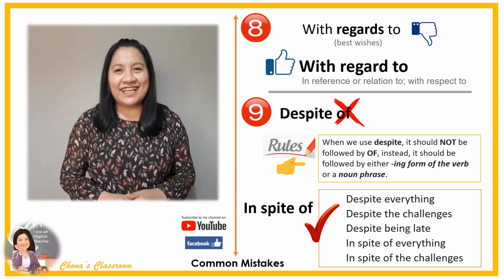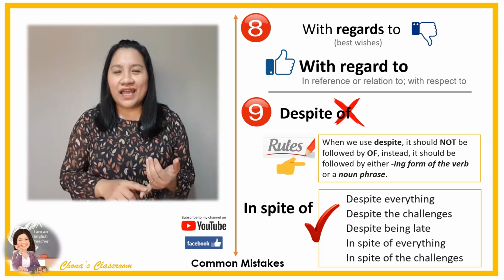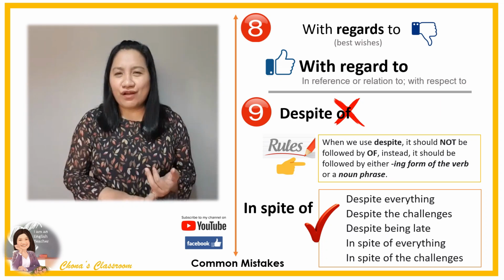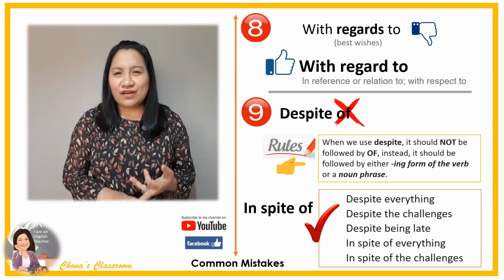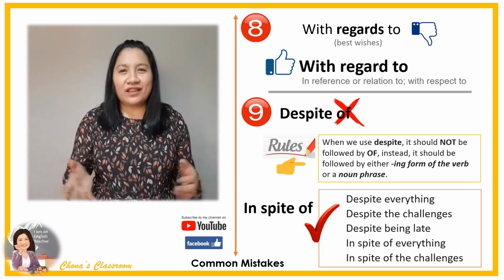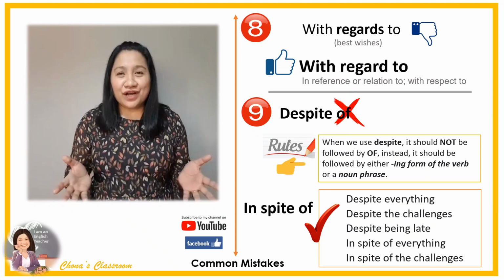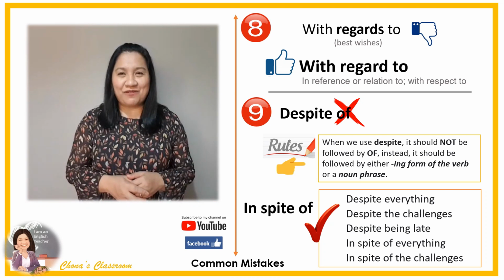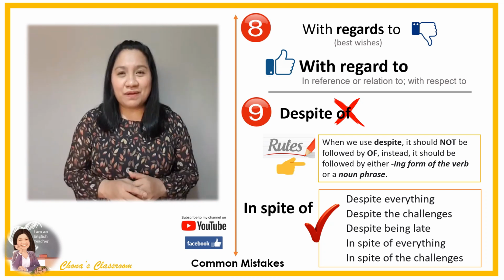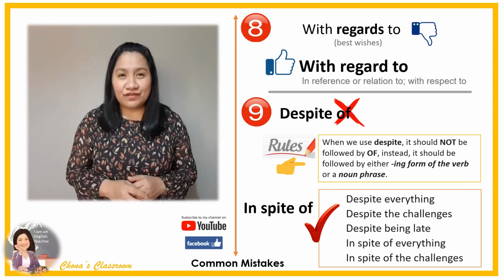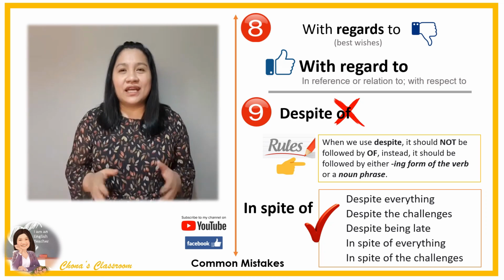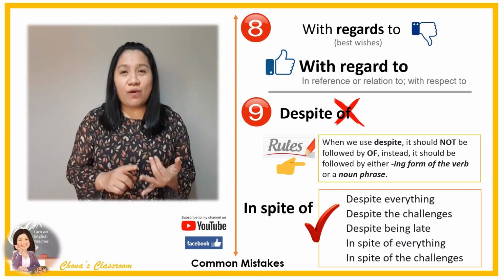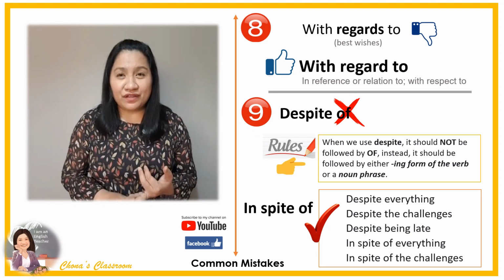Number 9, despite of. So despite of everything, despite of the challenges, despite of being late, we love these expressions. However, all of these are incorrect. Why? Because after despite, we don't use of. After despite, the next should be a noun phrase or an ing form of the verb.